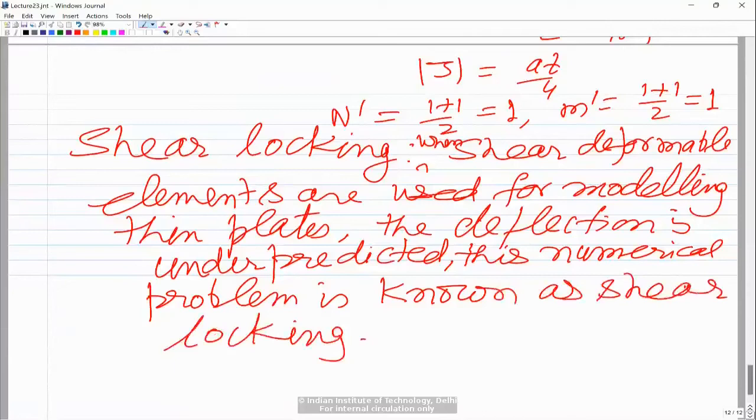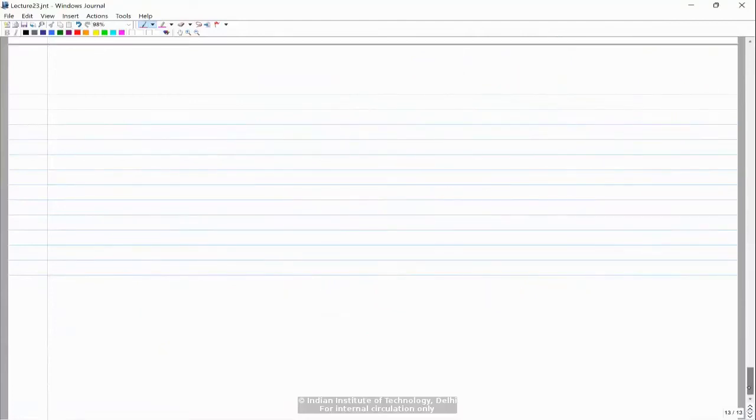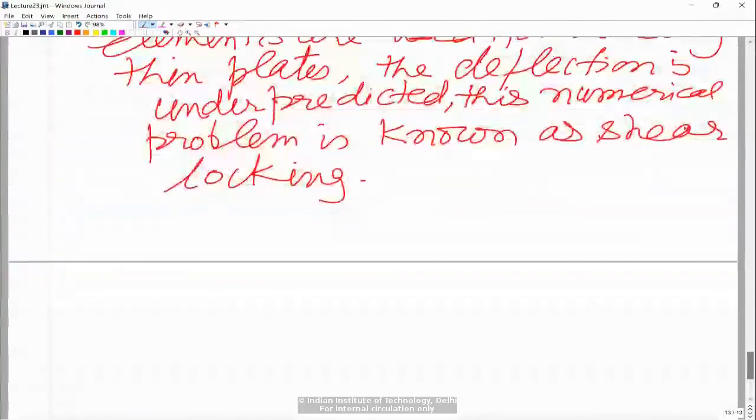This locking is coming because of the full integration and interpolation of transverse shear strains gamma xz and gamma yz, which involve the derivative of w with respect to x and y, and theta x and theta y, which are coming as they are.